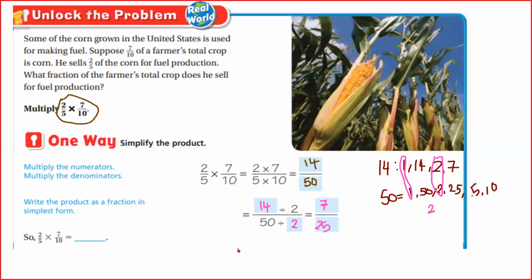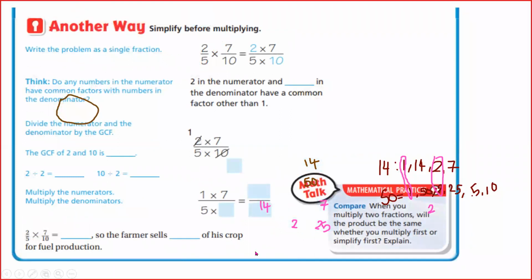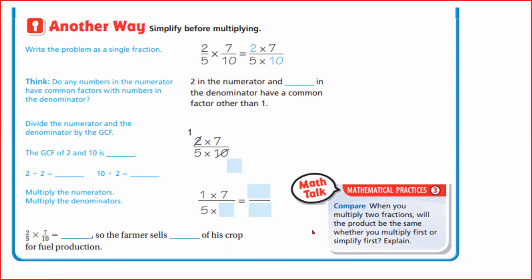Now, the second way is to simplify before multiplying. What do I have to do? 2/5 times 7/10.